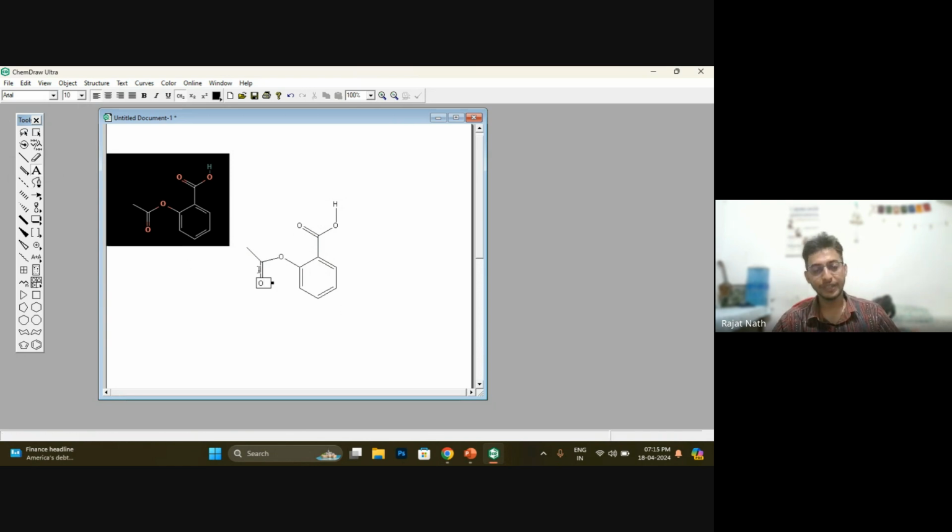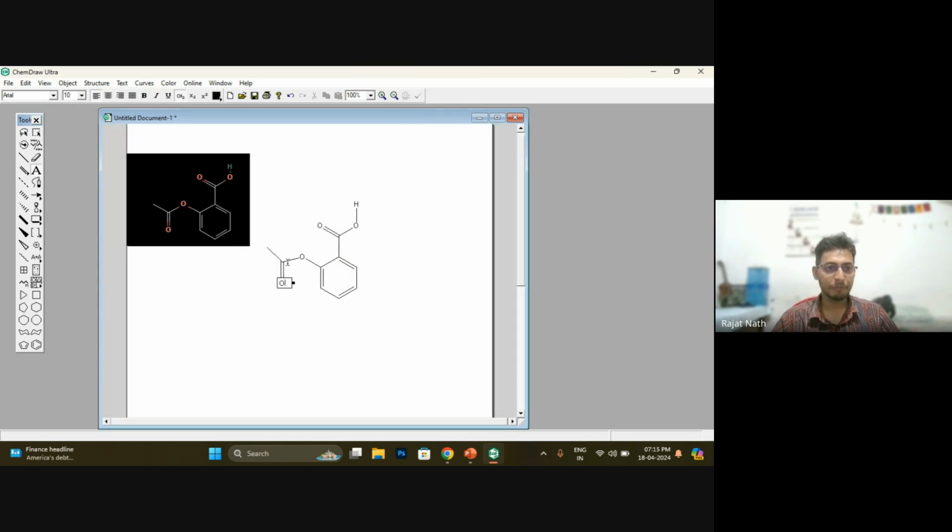So I am showing the structure another way. This structure is drawn by another method. There is a benzene ring, and you can see that this is a half benzene ring. If I consider this part, there is a half benzene ring.